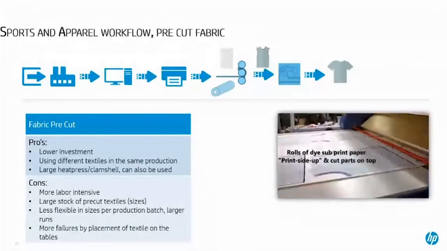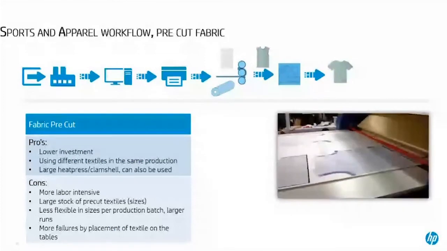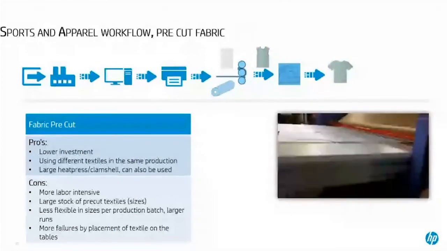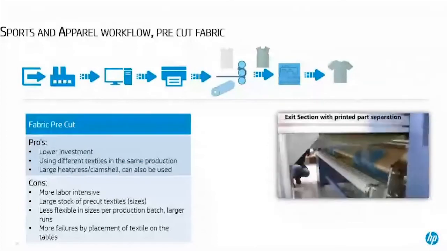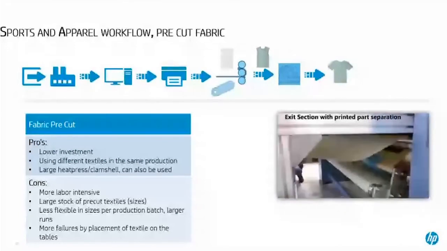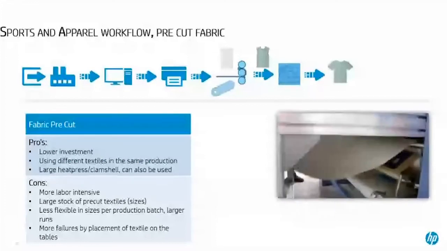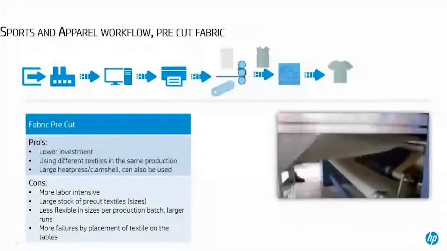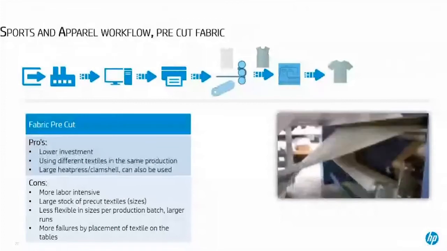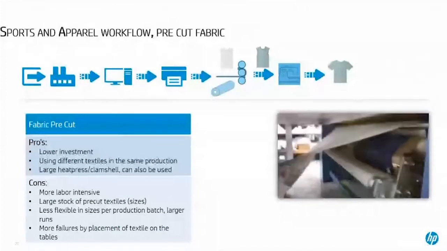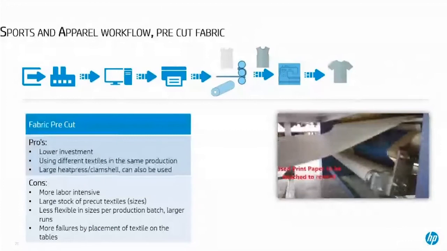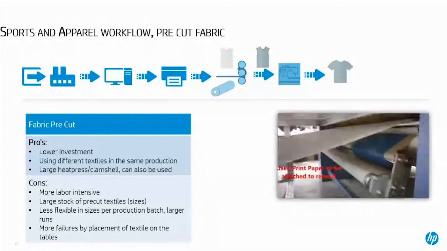You have to have a large stock of pre-cut textiles and sizes, and it's less flexible in sizes per production batch or longer runs, and there are more failures that can happen because of what's happening when you place the cut piece on top of the paper. A lot of times you might accidentally put it on there crooked, and then it's going to be a rerun or a reprint.